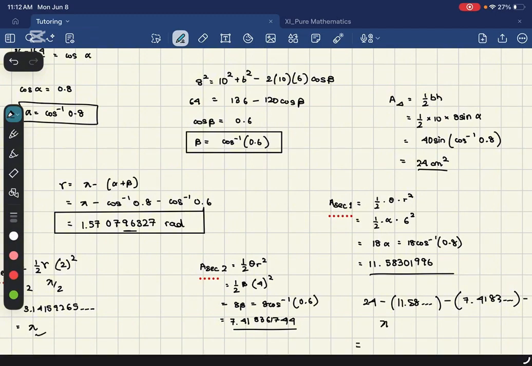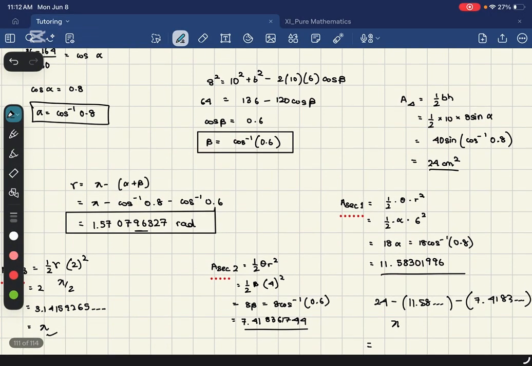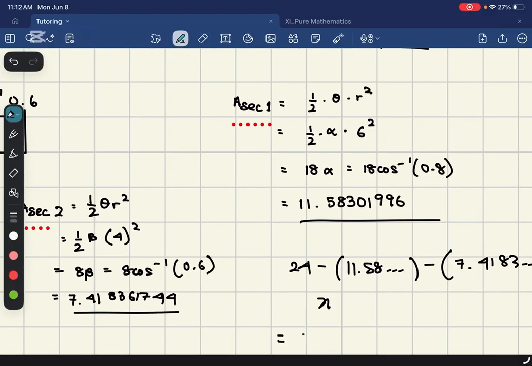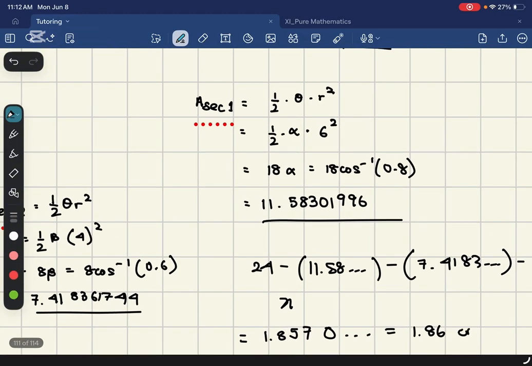And if you plug everything into your calculator, 24 minus 11.58301996 minus 7.4183 61744 minus pi, you are going to get 1.8570... And if you round this to 3 significant figures, it's going to be 1.86 centimeters squared.